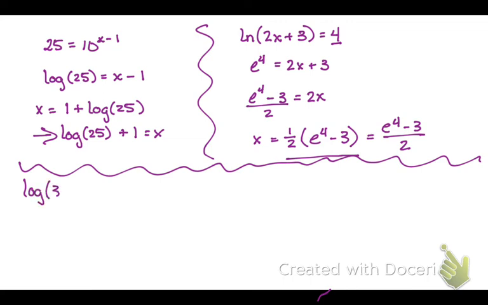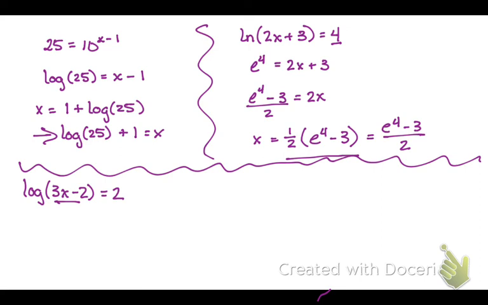Log of 3x minus 2 equals 2. If you're using your calculator, don't worry about it; we'll go over that tomorrow, okay? Nope. We've got to get it out of the logarithmic and into what?